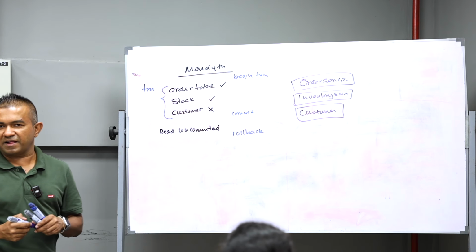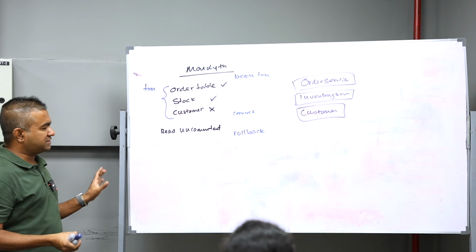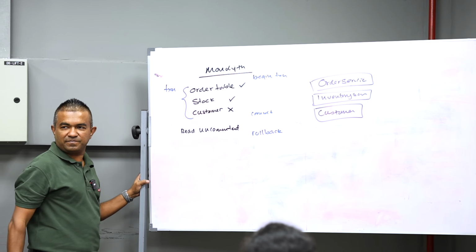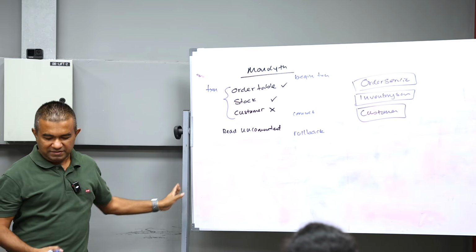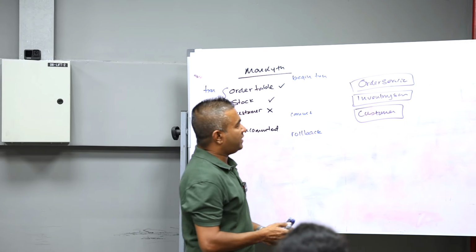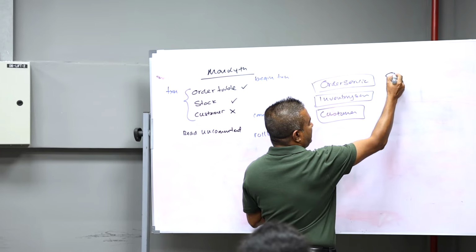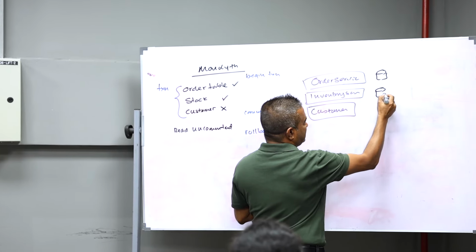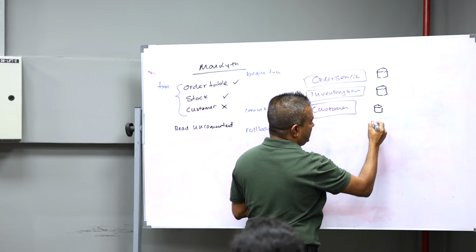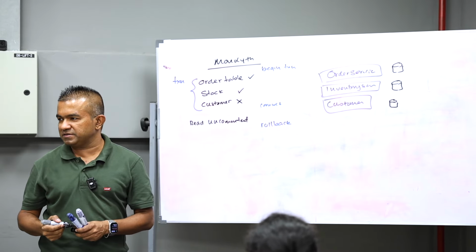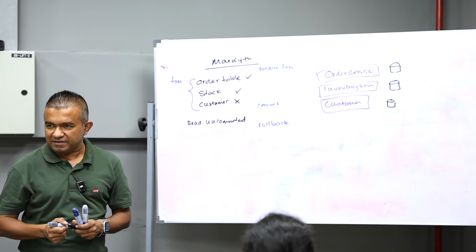So, these are separate services. That means, if you are following the practice, they have separate databases. Even if you go with the concept we discussed about domain driven design, still they are in different domains. They have different databases.